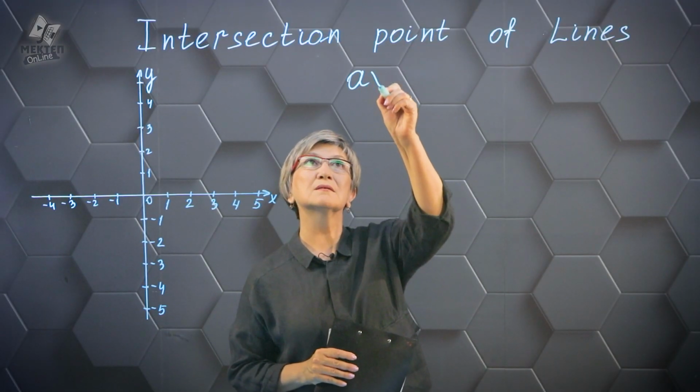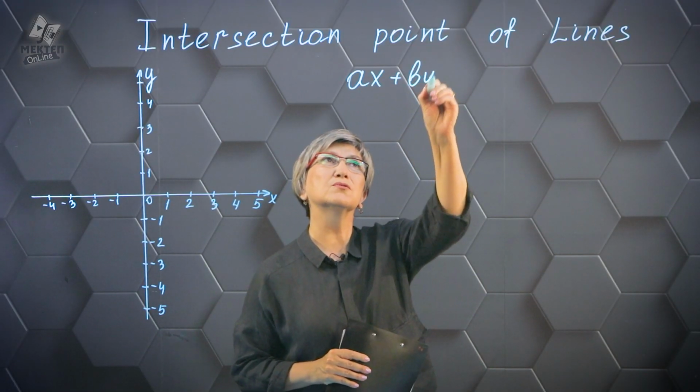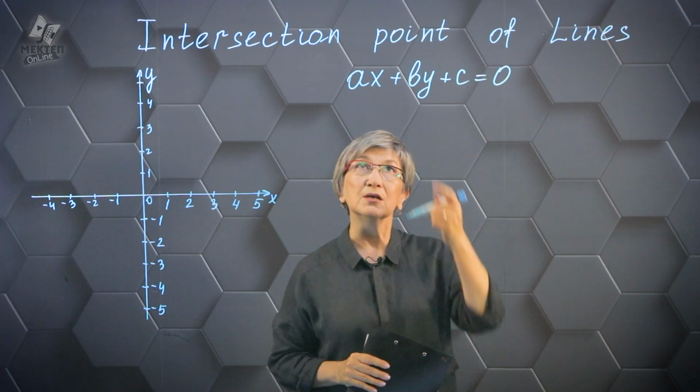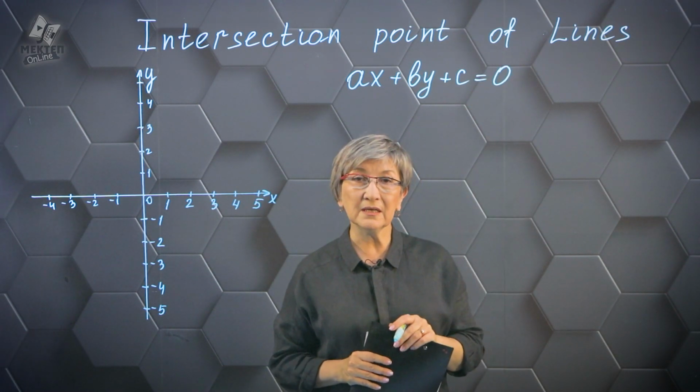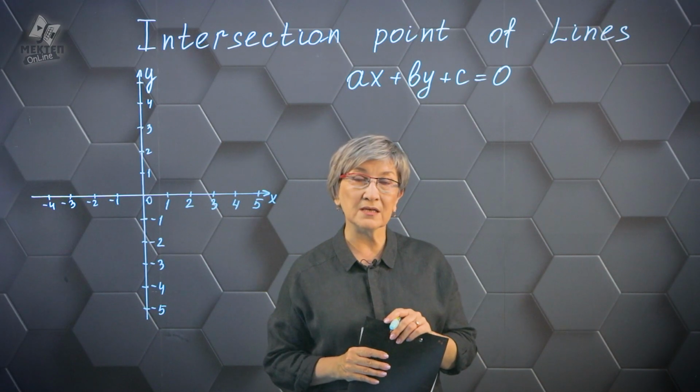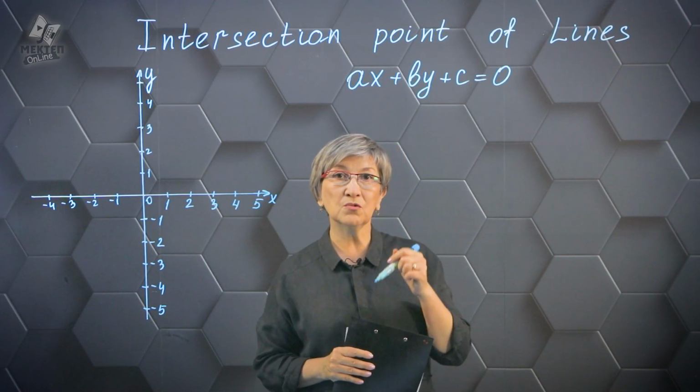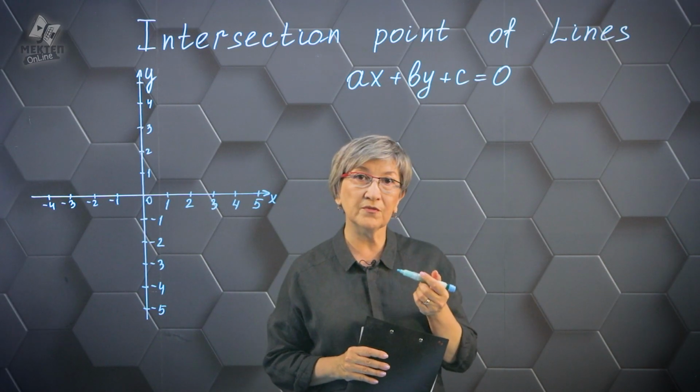But let's return to the graph of the linear function, and remember that the linear function is shown by the following formula: ax plus by plus c is 0. And we mentioned that this is the standard form of a linear equation with two variables. But we mentioned that we can also write it in another form.